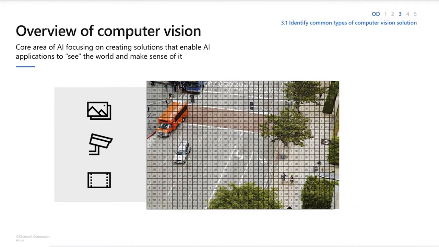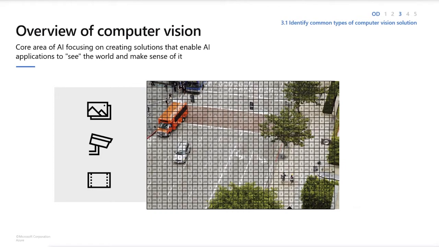For an AI application, it's really just an image, and that image is a number of different pixels, and each of those pixels has values. These numeric values are going to be used as features. Remember, we talked about that in the last objective domain, to train that learning model, and it's making predictions about the image and its context.